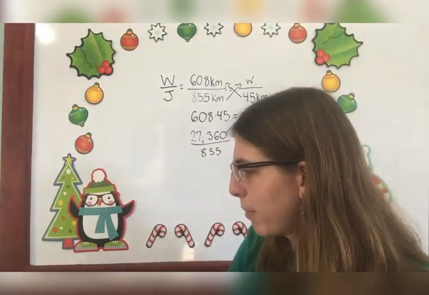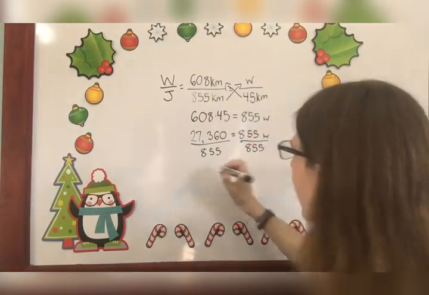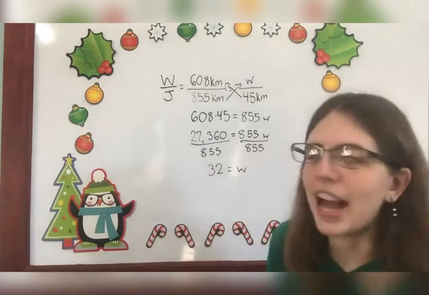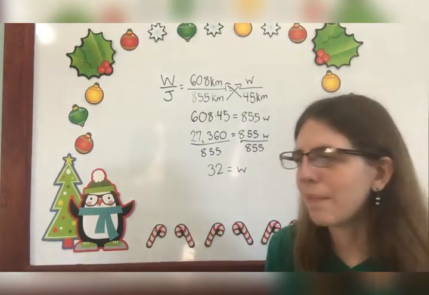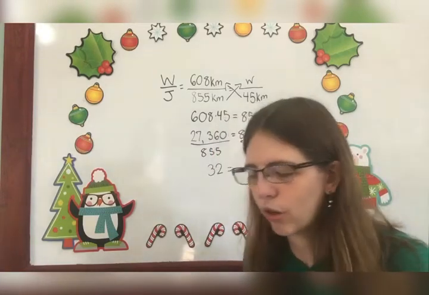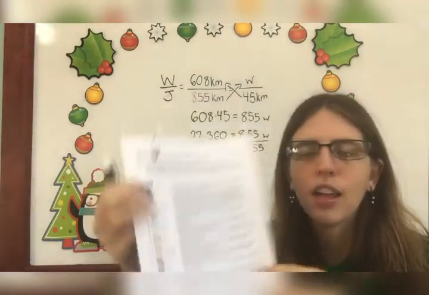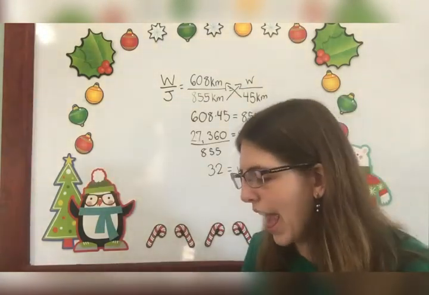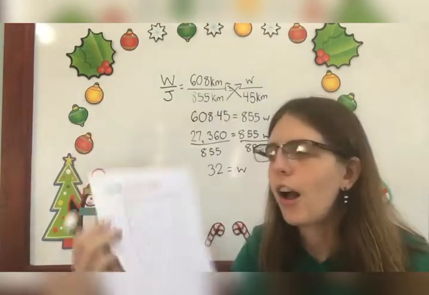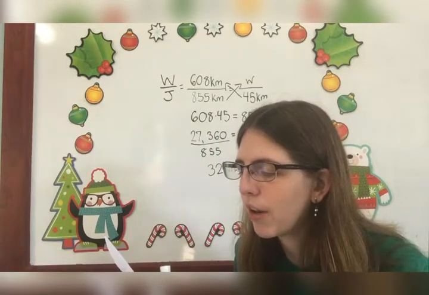So I divide my previous number by 855, and that gives me 32 kilometers that he walks. So that's my answer for this first problem. This first problem goes with the color black. So for every number 32 that I see over here on this side, I need to color it black.